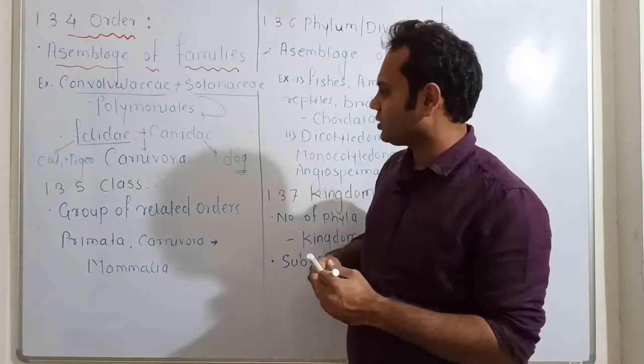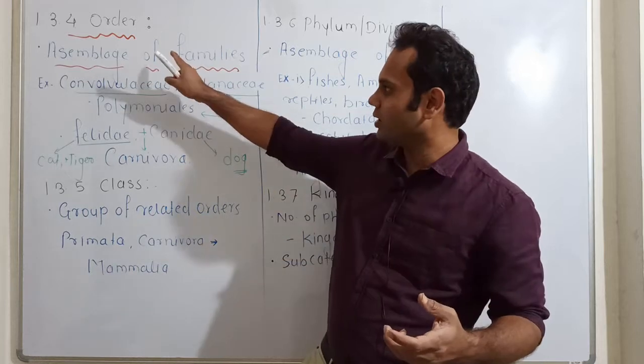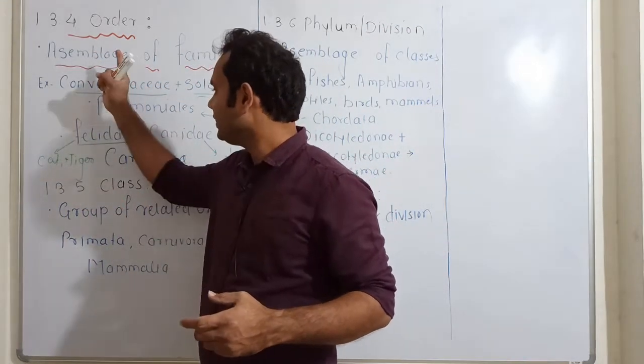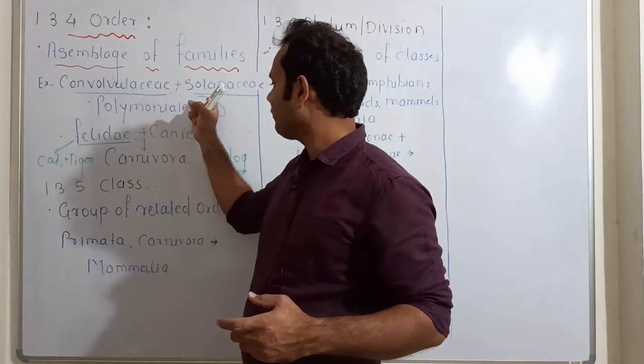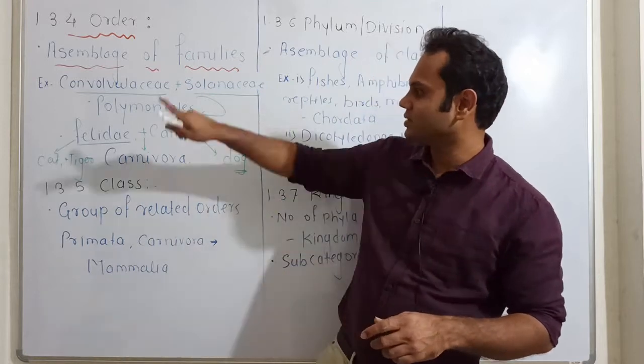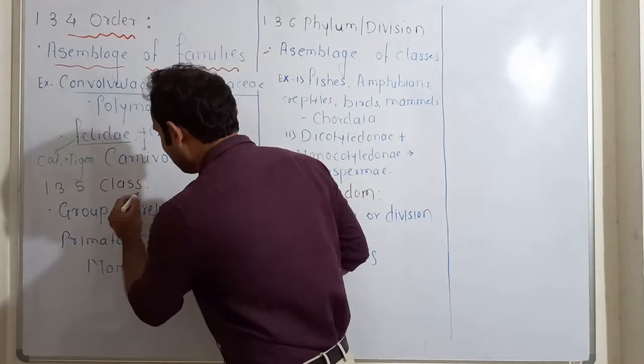So that is the order, where you can find a group of families placed in the higher taxonomic category. Then moving forward, we'll see what is class.